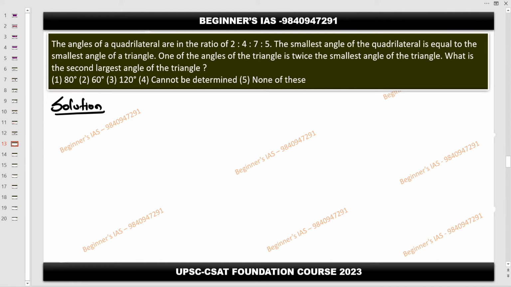What is given here? 2x, then 4x, then 7x, then 5x. The angles of the quadrilateral are in the ratio. The smallest angle of the quadrilateral is equal to the smallest angle of the triangle.